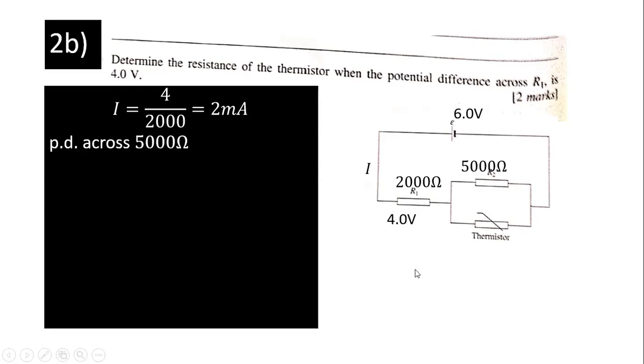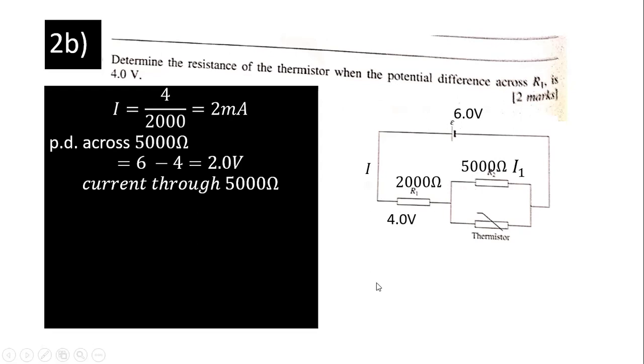PD across 5,000 is 2 volt, 6 minus 4 is 2 volt. Then you can find the current through R2. So it's 2 volt divided by 5,000. Get that current.